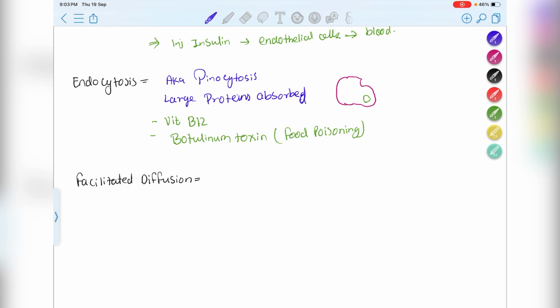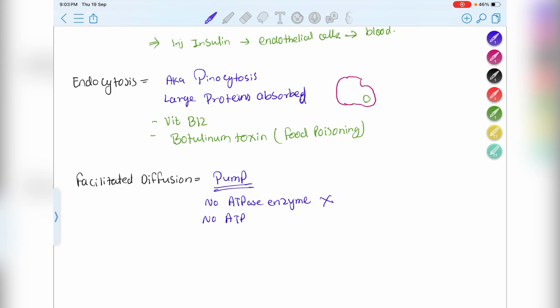Okay. In this a pump will be present, and the drug enters the cell with the help of the pump, right? Here no work of ATPase enzyme will be seen. It also has no requirement of ATP.